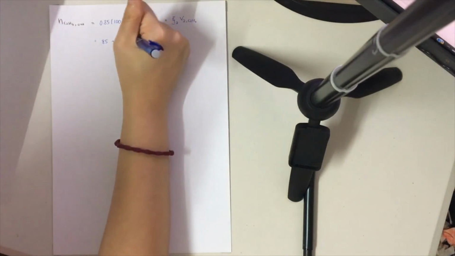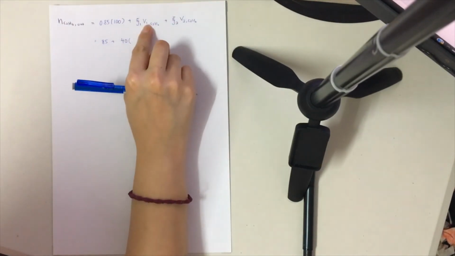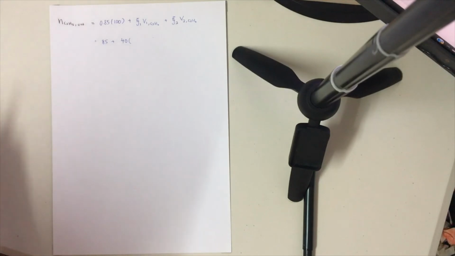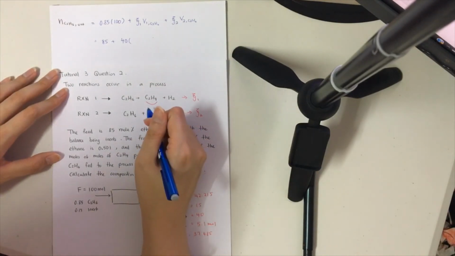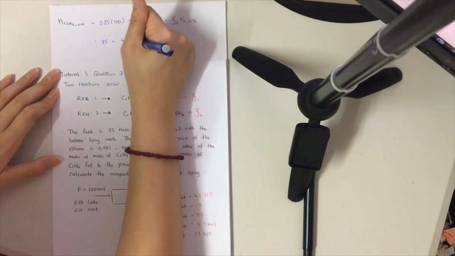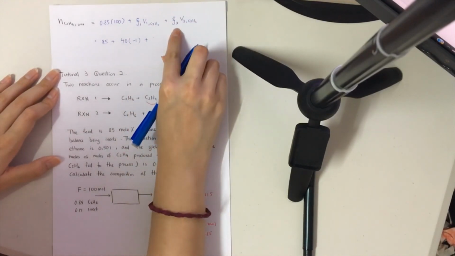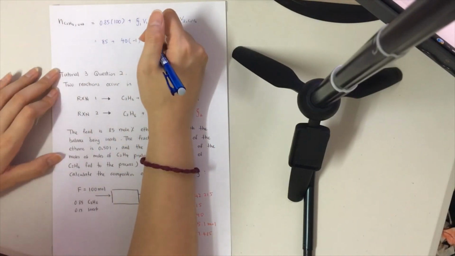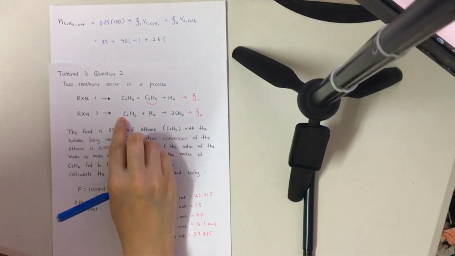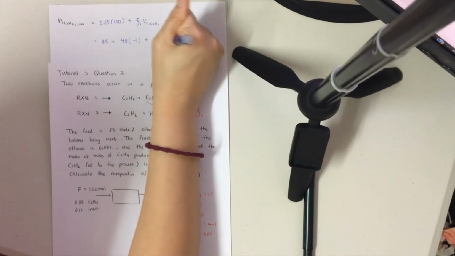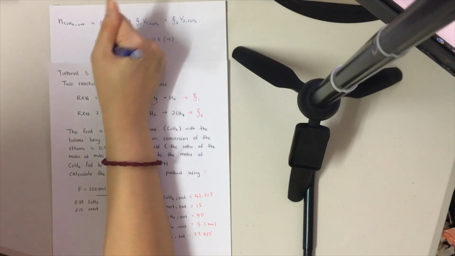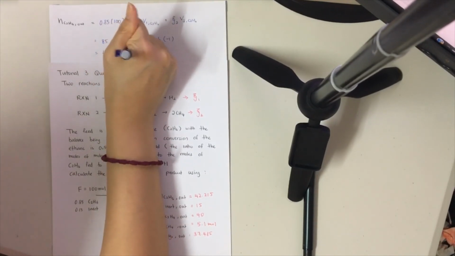So extent of reaction 1 is 40 multiplied by V1 over here, so this is -1, plus extent of reaction 2, and that one would be 2.6, also -1, which will give us a value of 42.4 moles.